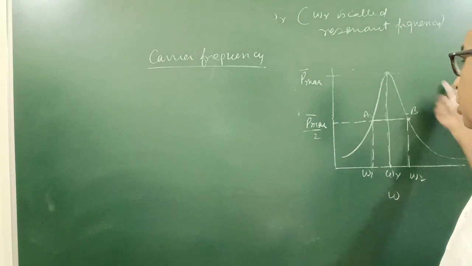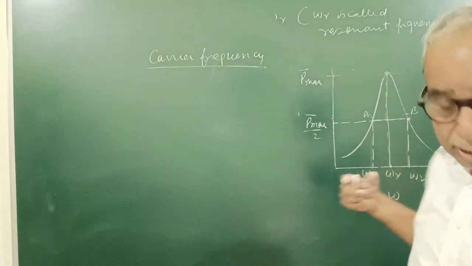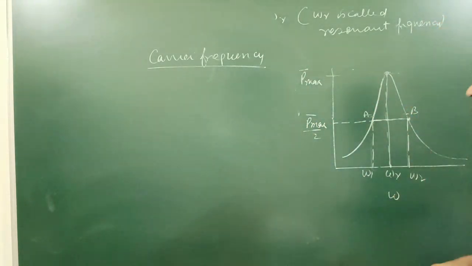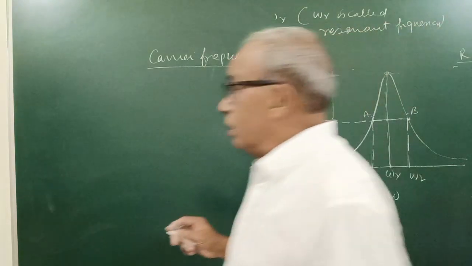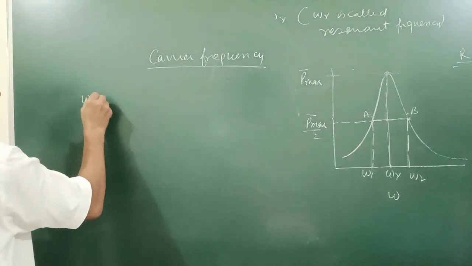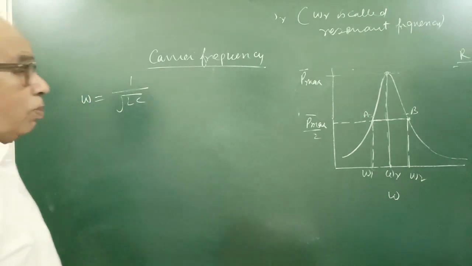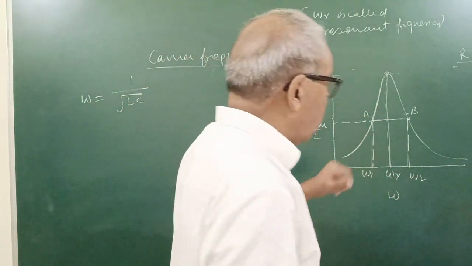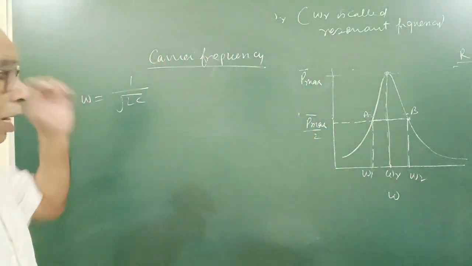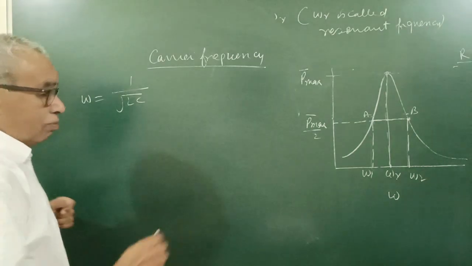In the next video, I will calculate the bandwidth in terms of resistance and inductance. The resonant frequency omega is 1/√LC, so the difference of these frequencies depends on R also, because the larger the R, the flatter the graph.